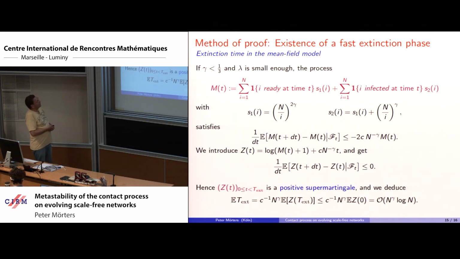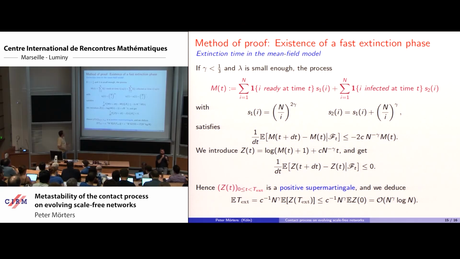And if you have a positive supermartingale, you can use the optional stopping theorem, and it tells you that the expected extinction time, so at the extinction time the score is 0, so log of 1 is 0, and you just have the drift. So the expectation of z at the extinction time is the expectation of the extinction time multiplied with c times n to the gamma.